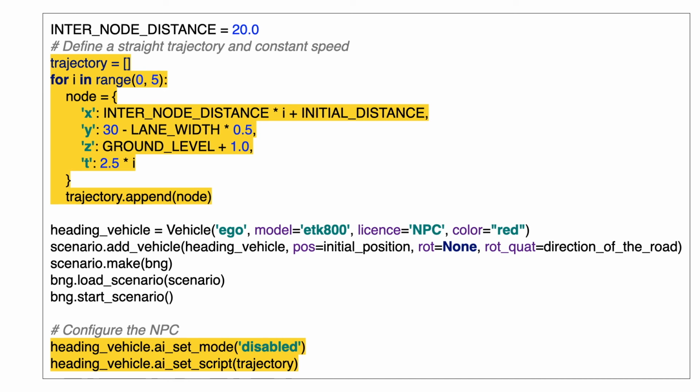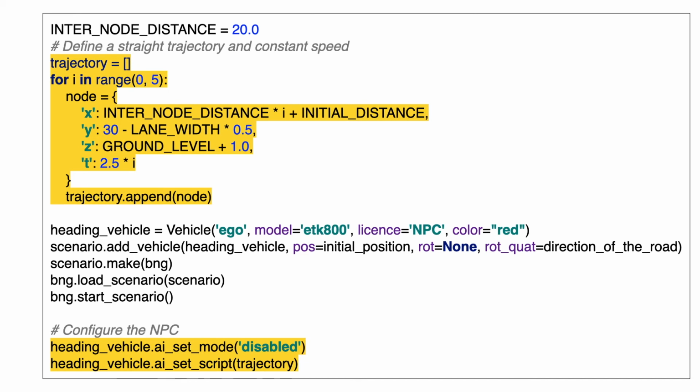So you have a trajectory that is made of nodes. Nodes are basically dictionaries that contain X, Y, and Z that tell you where the car must be, and a T. T is the time since the beginning of the simulation in logical time, not in real time.